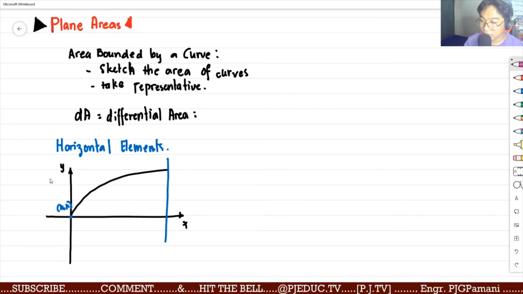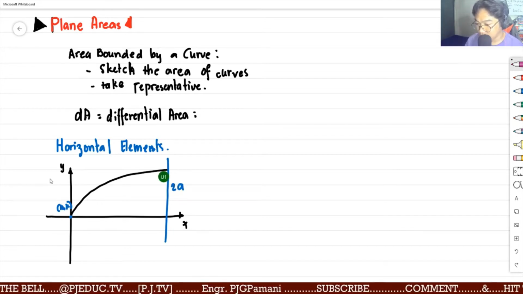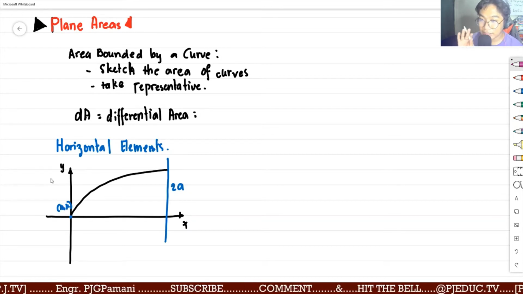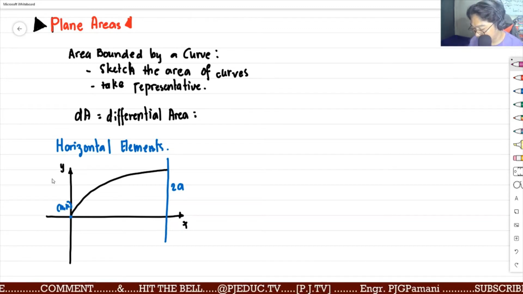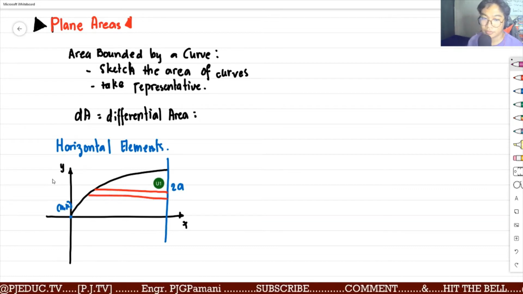And our latus rectum or the focal length is here. This is your 2A. So, pag horizontal element, we need to dissect a section within the curve horizontally.